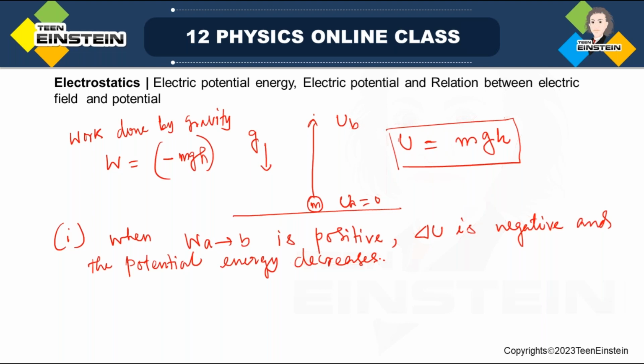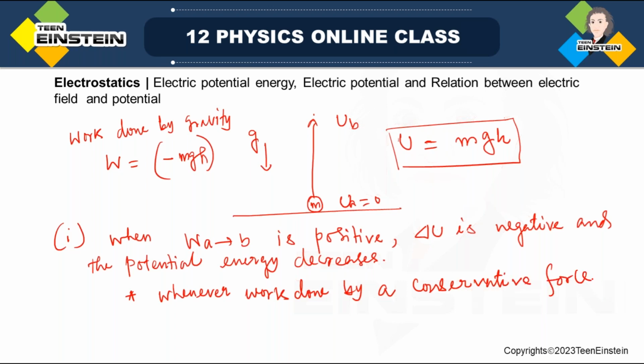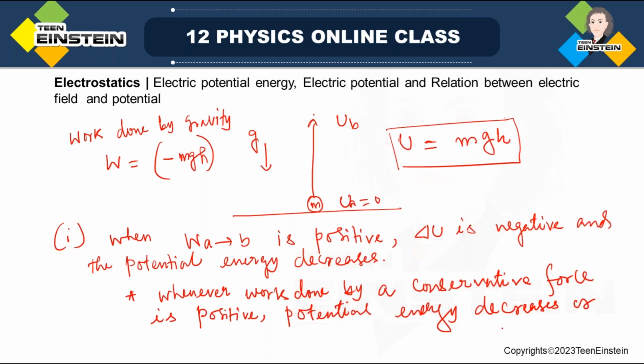So whenever the work done by a conservative force is positive, the potential energy of the system decreases, or vice versa.